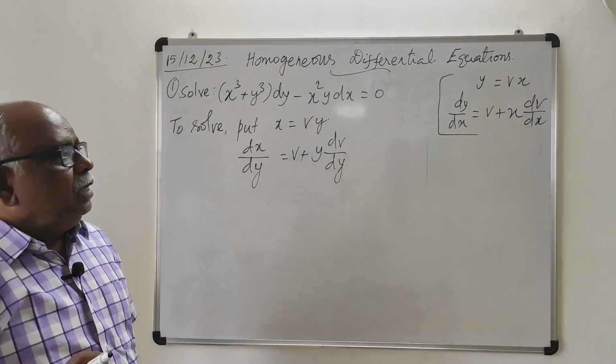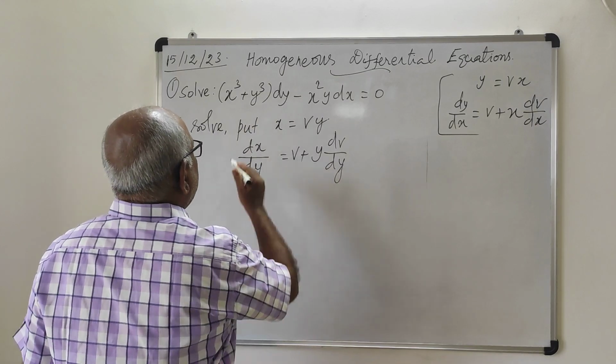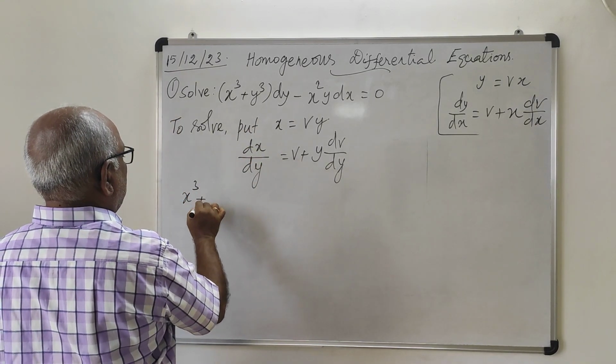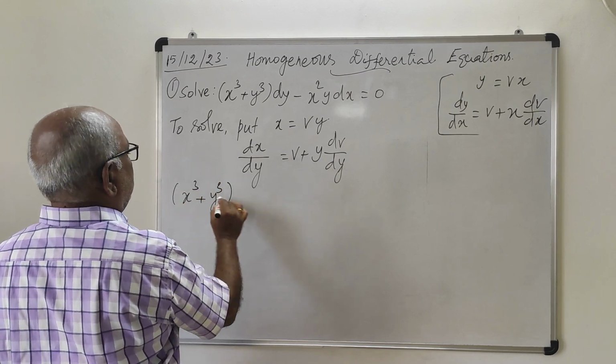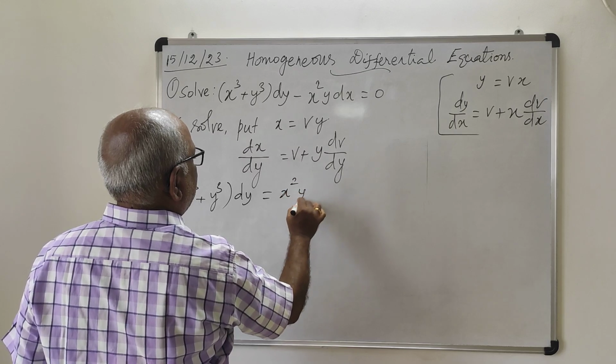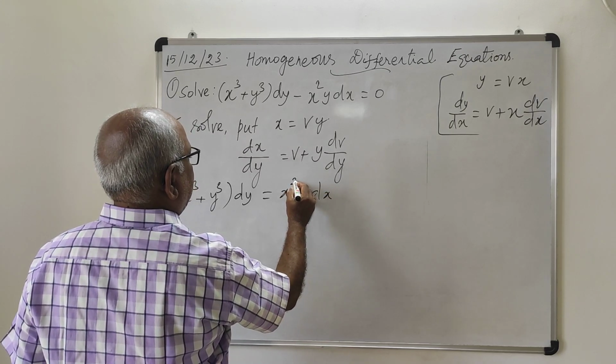That's all. So for this problem, we first find dx by dy. For that, (x cube plus y cube) dy you keep here and you bring that x square y dx to the right hand side.